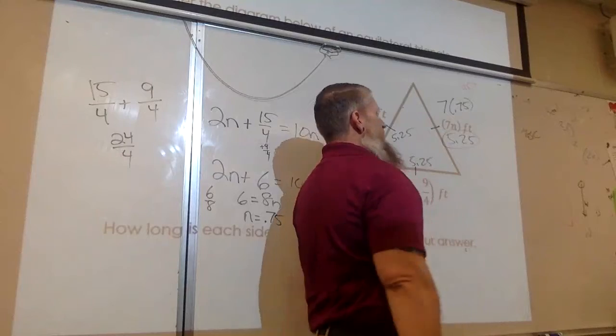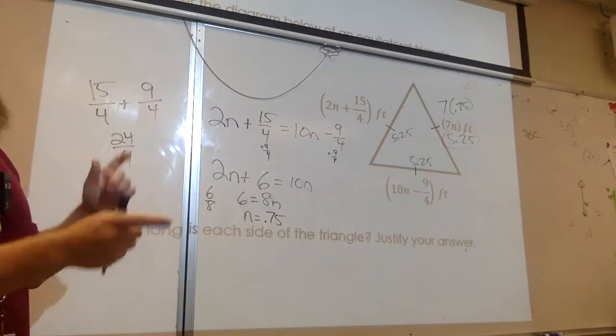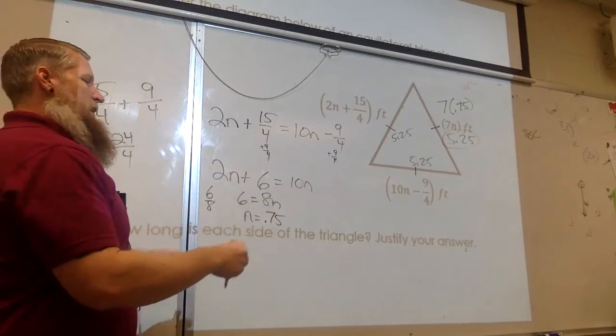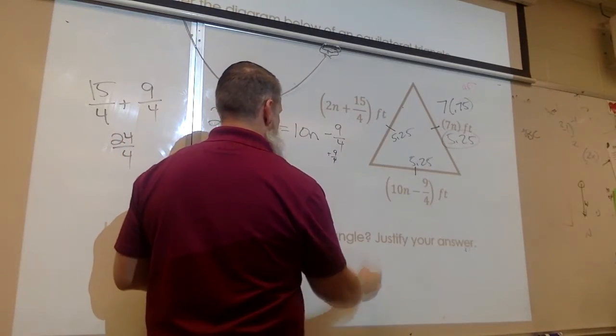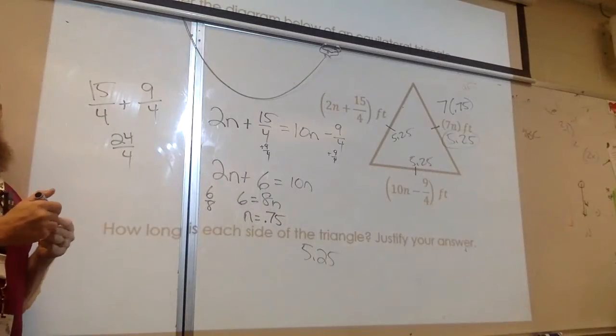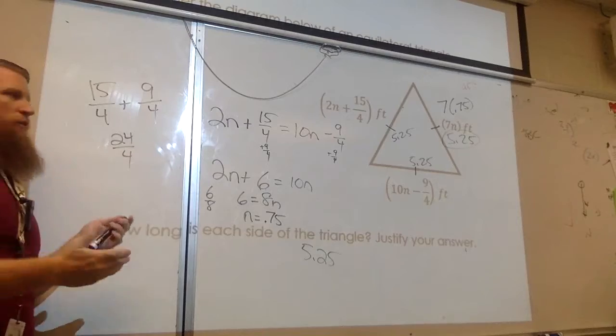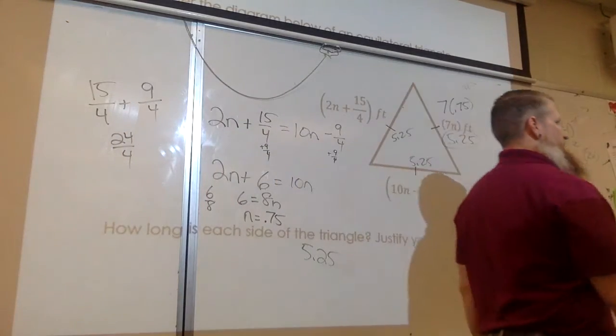You can plug it into all of them if you want. It should come out to the same thing all the way around. I'm assuming it does. So it'll be that. If you want to write the justification, you can just say the sides are all equal, therefore I set this up. That's all the justification you need.